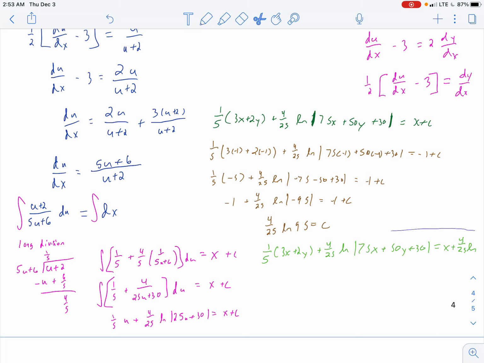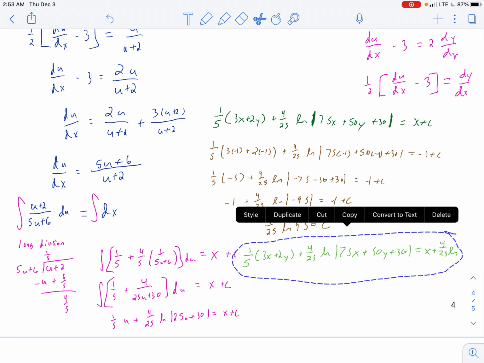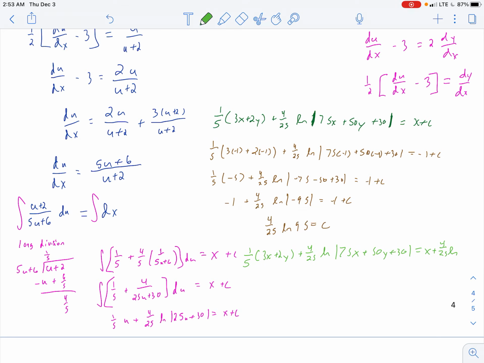Thought I would have enough room. Let's bring that over just a little bit. Let me write that natural log 95 a little bit better. And so we have 4/25 natural log 95. And there's our final answer.